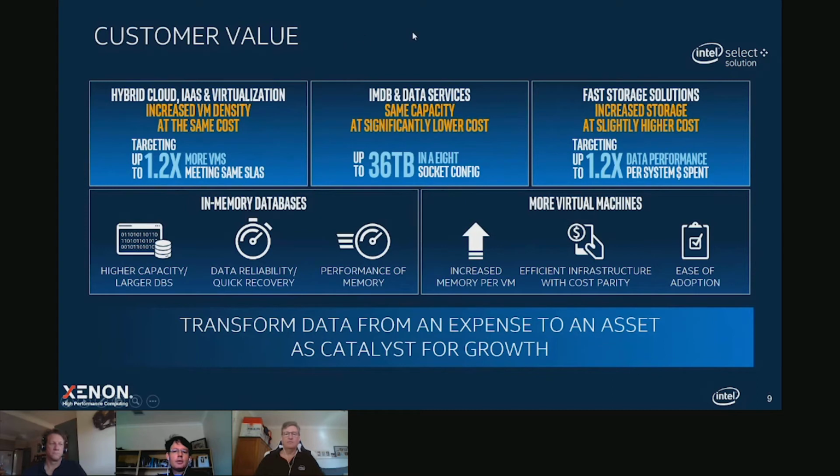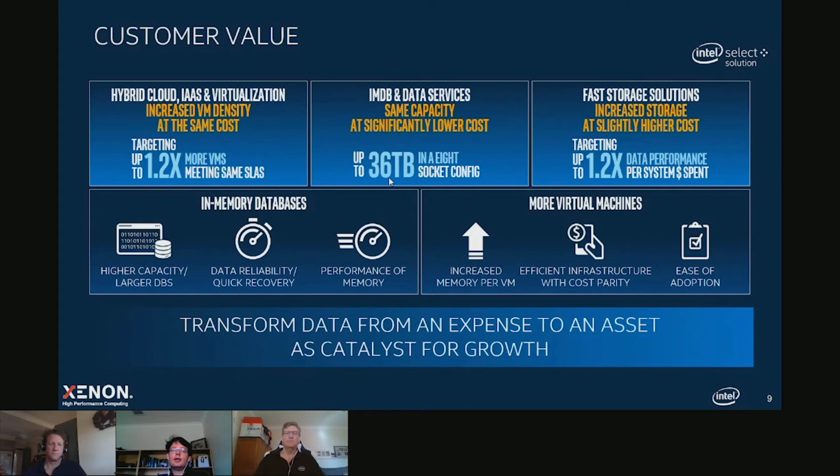When we look at database services and data services in general, the important aspect is to reduce the cost for a given capacity. And there, for the really large systems with 8 sockets, we can now get 36 terabytes of Intel Optane persistent memory into a single server.